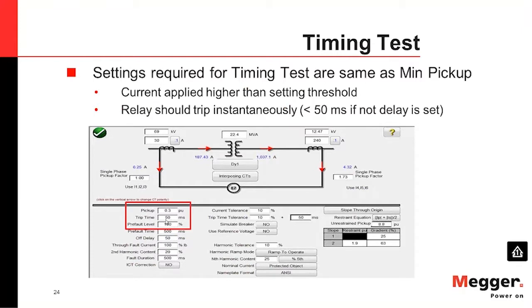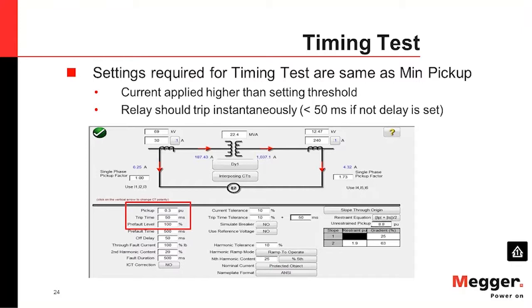Usually we inject more than the setting value which we are putting here, so that we'll have the timing right. We usually put 50 milliseconds as default here.